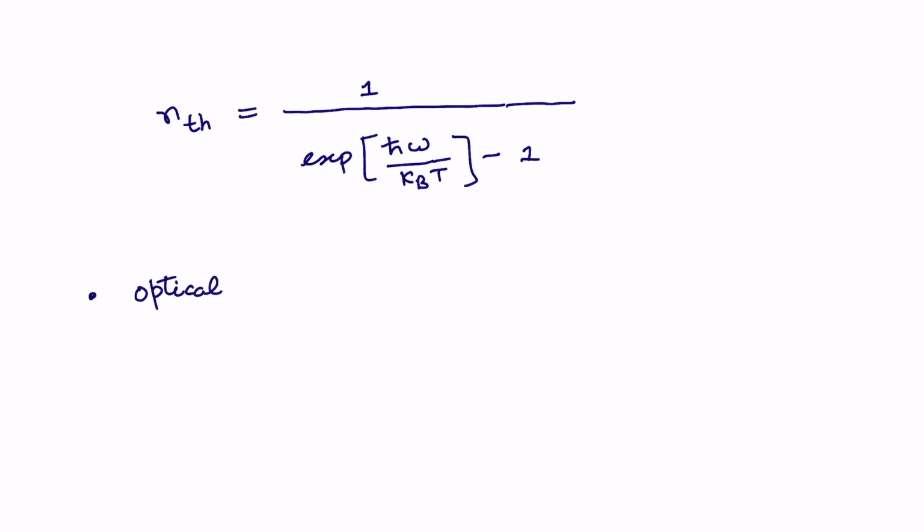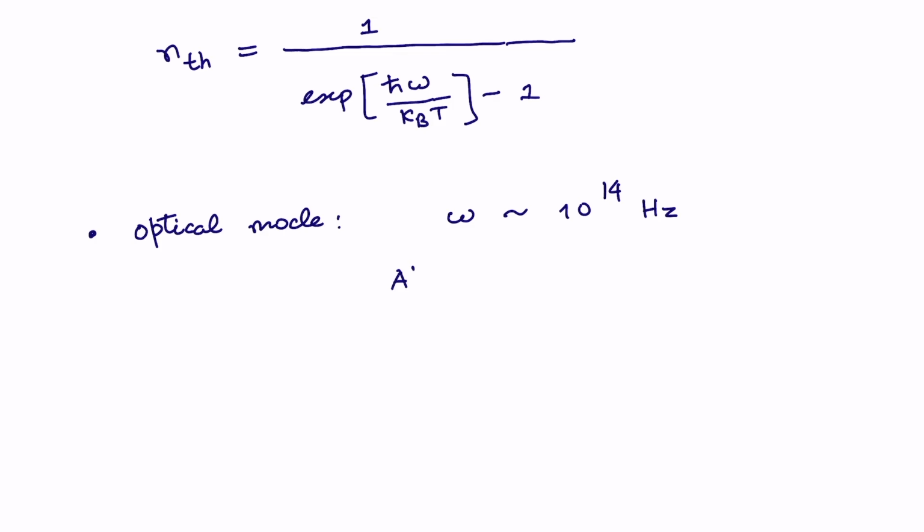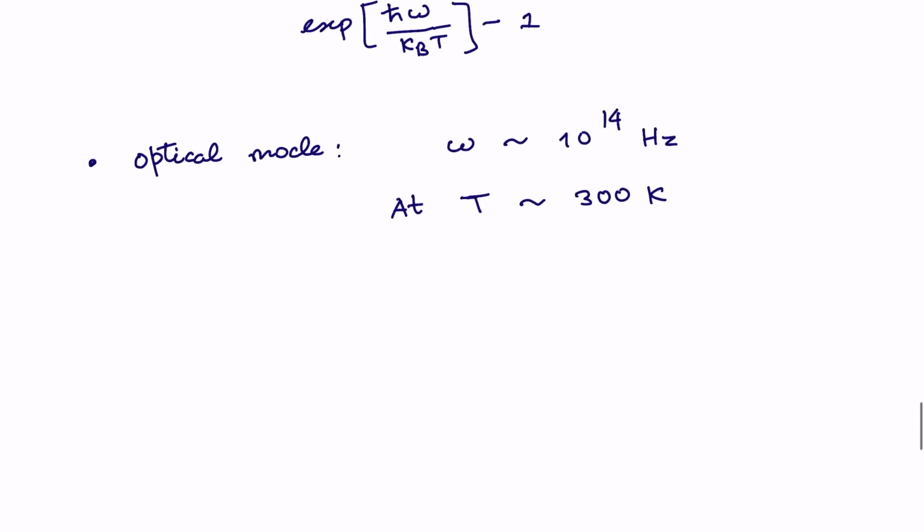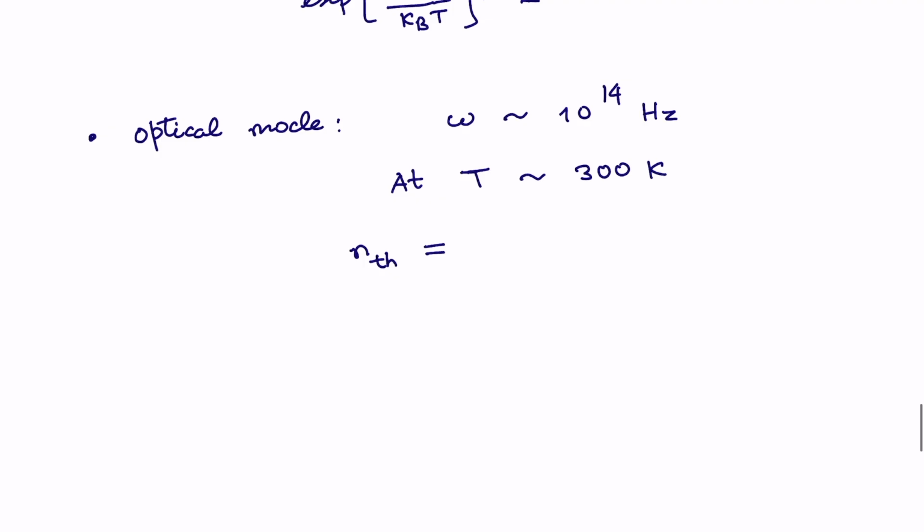For the optical mode, this frequency omega is on the order of 10 to the power 14 hertz, and at room temperature, say 300 degrees Kelvin, if you put in the value of k_B, the Boltzmann's constant, you can estimate that n_th, the thermal photons, is going to be around 10 to the power minus 35. So this is nearly equal to 0.